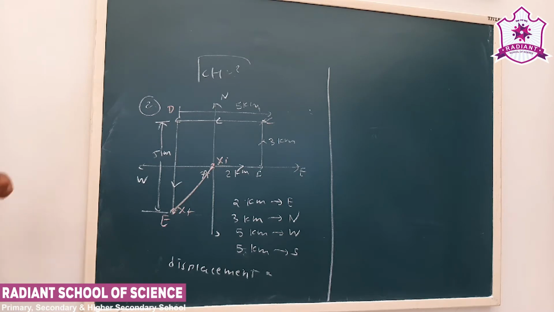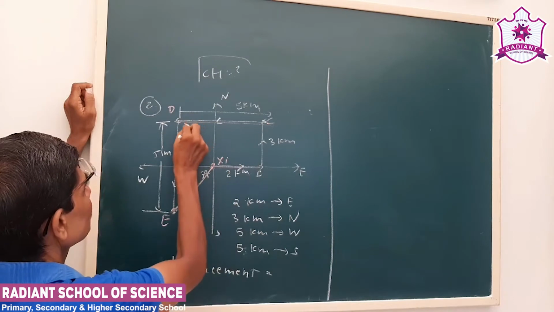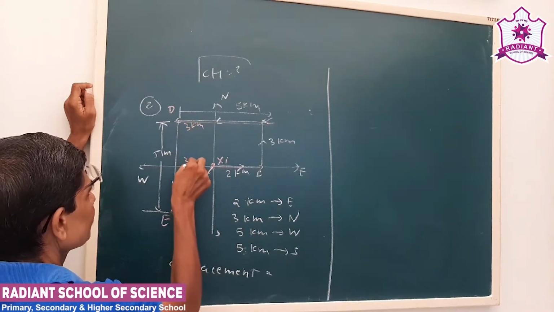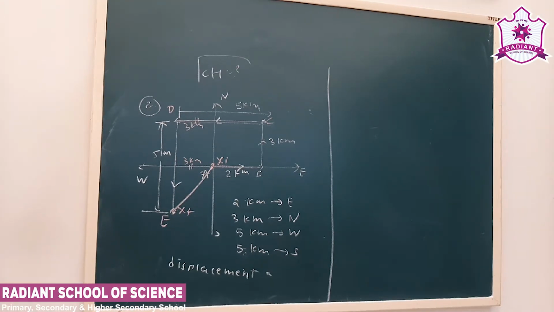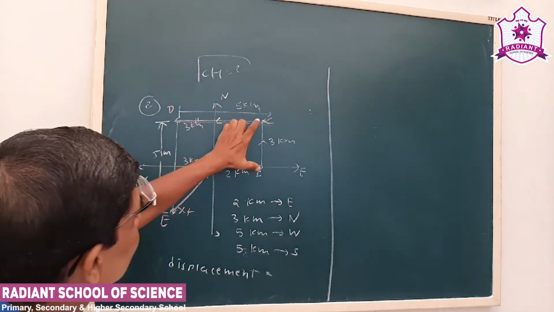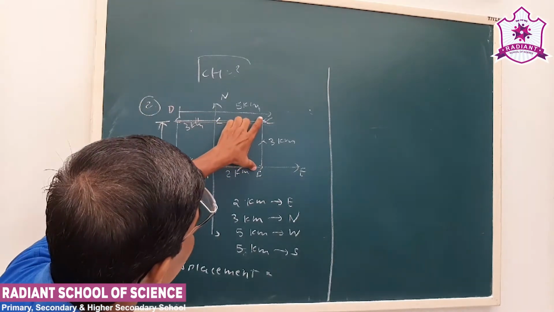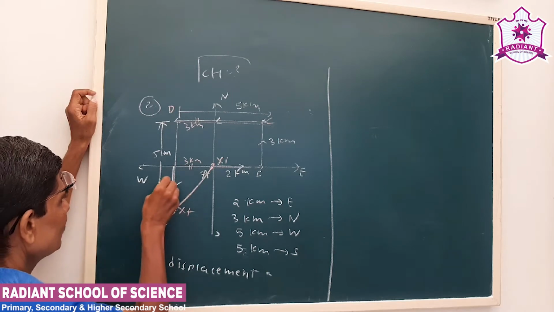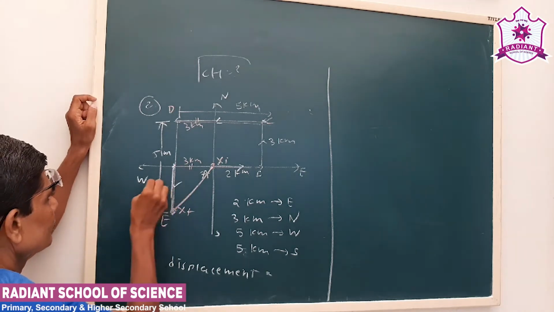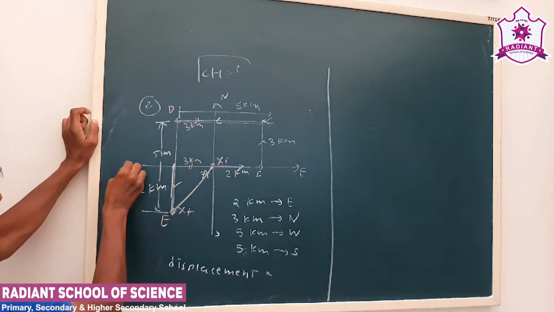Now how do we find AE? See, this is 5 kilometers, this is 2, so this will be 3 kilometers. These two are opposite sides of a rectangle. Total DE is 5, CB is 3. So what will this part be? This will be 2 kilometers.